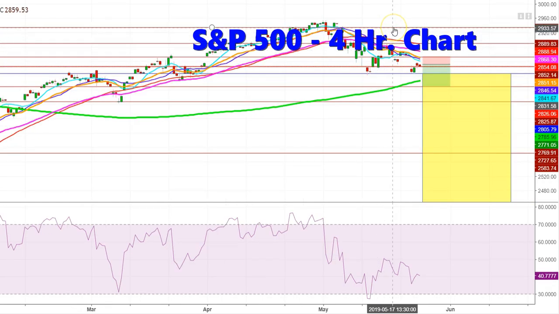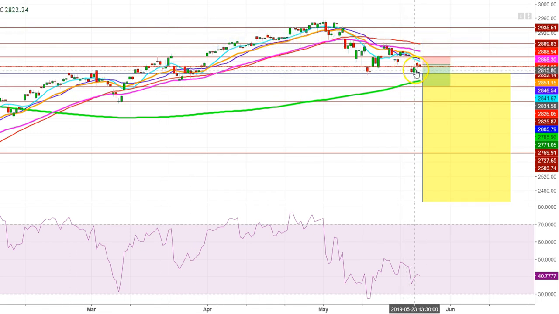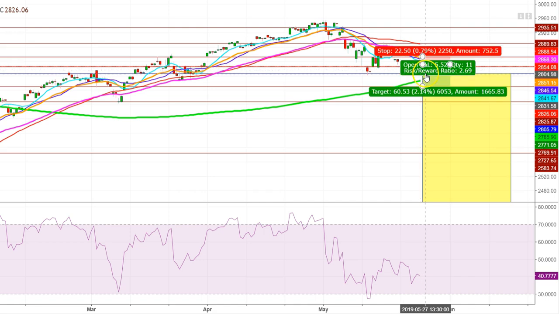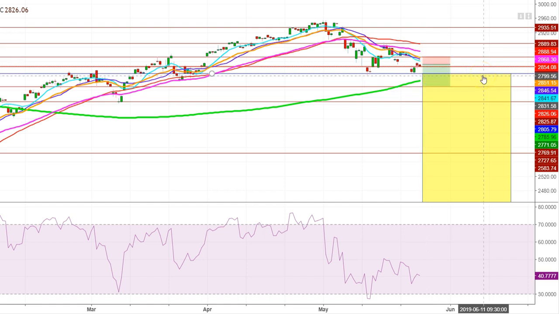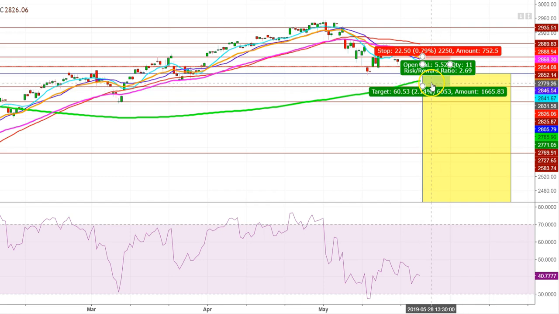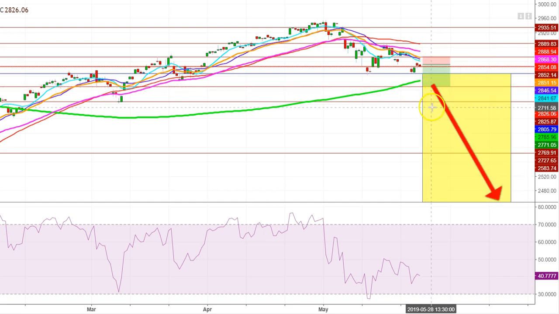Here you can see in a 4-hour time frame the formation of these two bearish hammers on May 23rd and 24th looks evident enough for ongoing bearish pressure in S&P 500, which may result in a gap down opening on May 28th below the level of 2799, and I find that if the S&P 500 makes a sustainable move below the 200 days moving average, which is currently at the level of 2784, it will result in continuation of the downward trend in S&P 500.